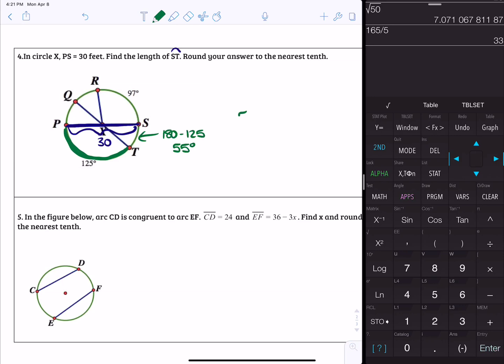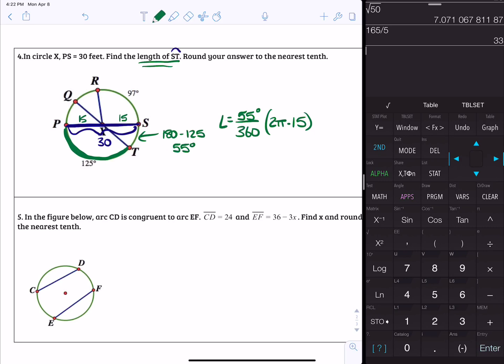And then you could just set 55 over 360 times 2 pi r, or pi times diameter. So 2 pi r would be 2 pi times 15, because each of these would be 15. Or you could do pi times 30, and that would give us the length of arc ST. The measure of arc ST, here, let me write this better.